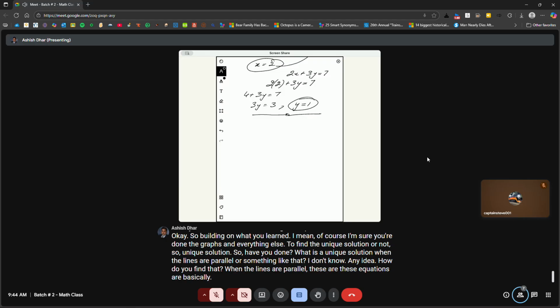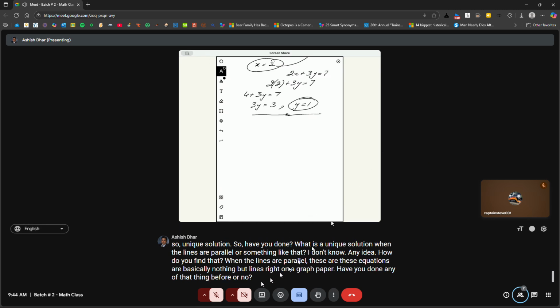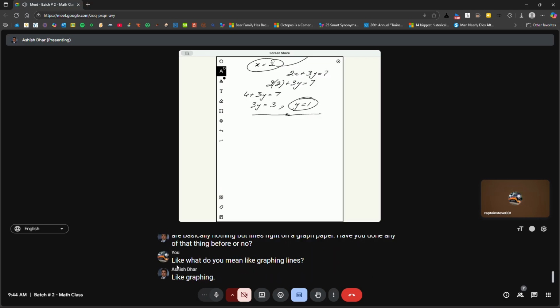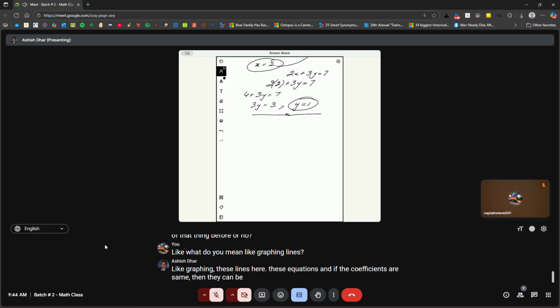These equations are nothing but lines on a graph paper. If the coefficients are the same, then they can be parallel or they cannot be parallel.